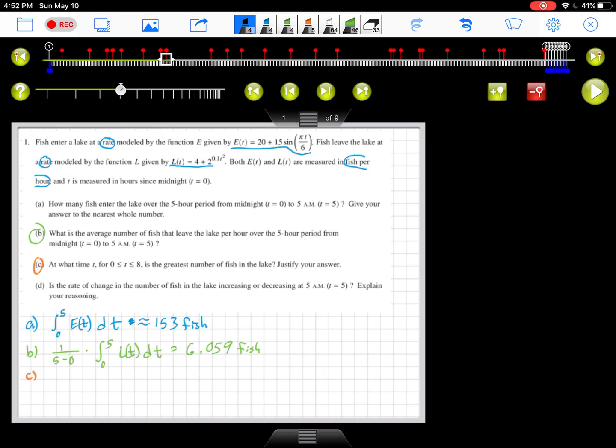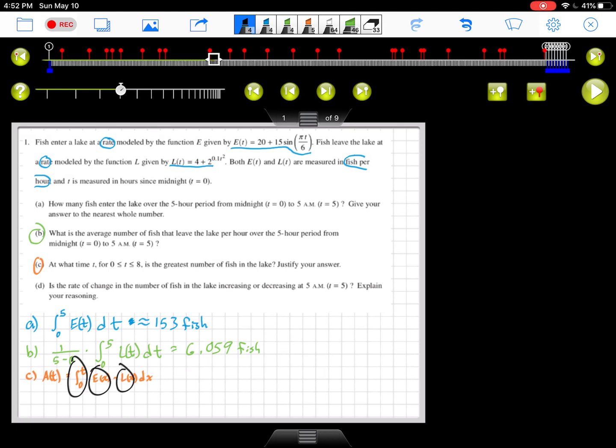But in order to test things, we're going to need the function that we're going to test. So we need a function that gives us the number of fish at a certain time. And so that function is going to look like this. I'm going to name the function A for amount. And then I'm going to subtract E and L, because this is entering and this is leaving. If I do the integral of E, it'll give me the total number of fish that entered the lake.